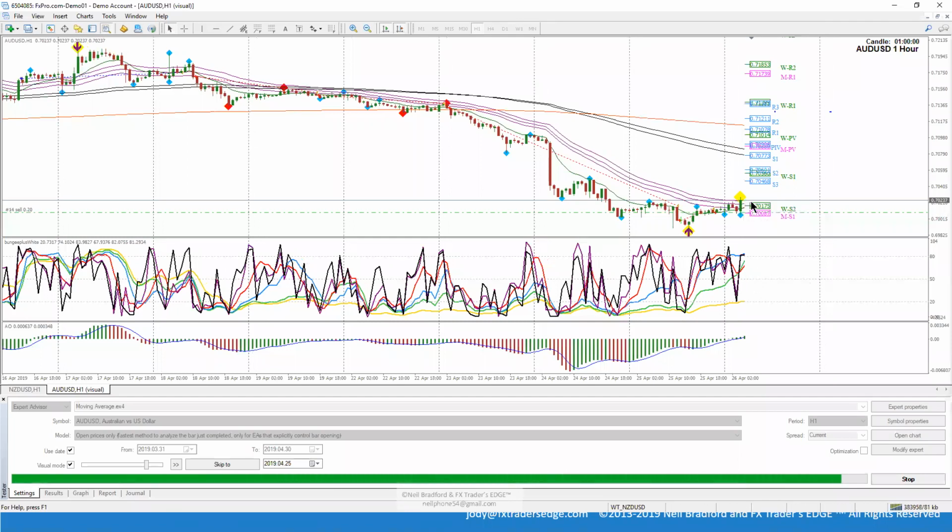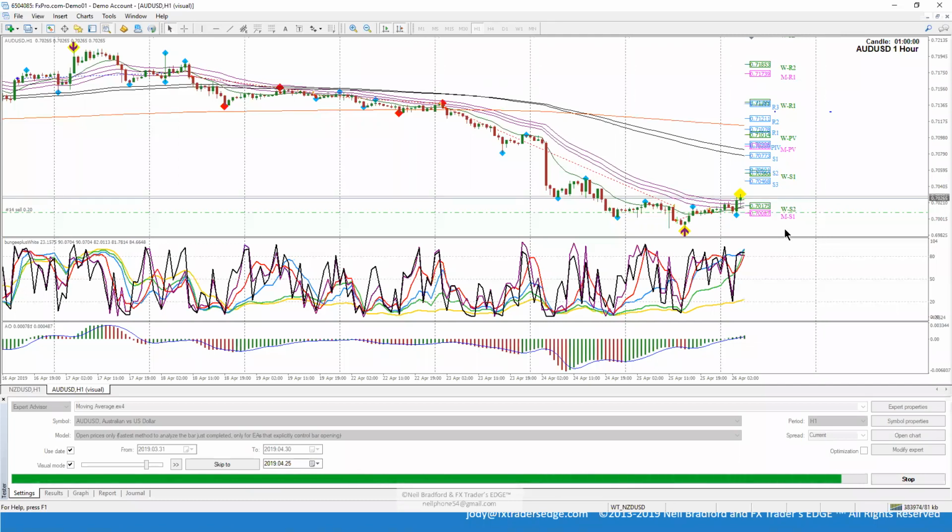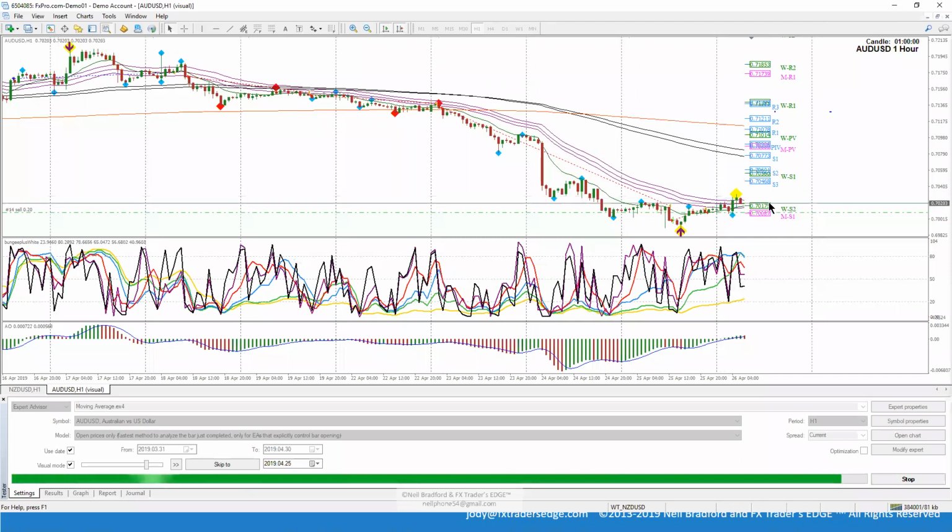Is that the end of the move before we go down? No, higher to go. Now it could be the end of the move. See, we knew that little extra move had to come. Now we've got the snapback. The yellow bungee stayed low. Will we make a new low?